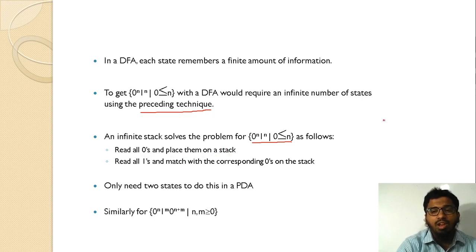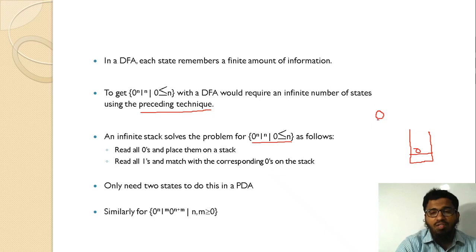That means whenever we have a 0, at that time we need to place it in the stack. What does it mean? We need to place it in the stack. Read all ones and match with the corresponding 0 on the stack.